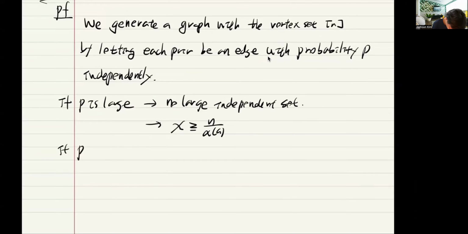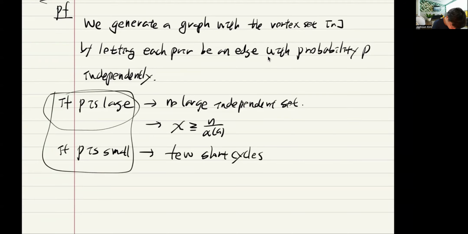On the other hand, if p is small, then intuitively the number of short cycles should be small, very few short cycles.